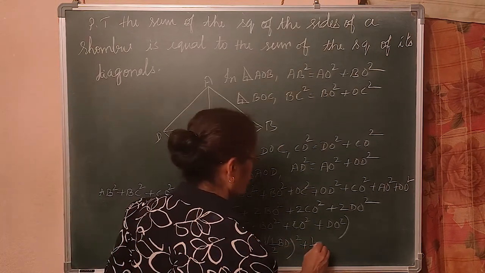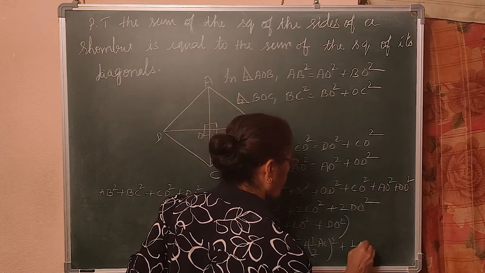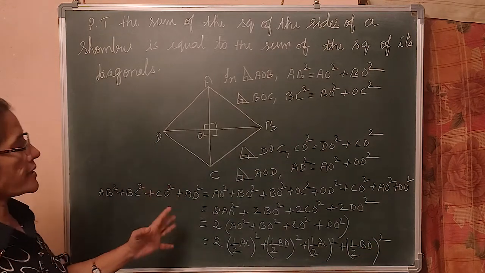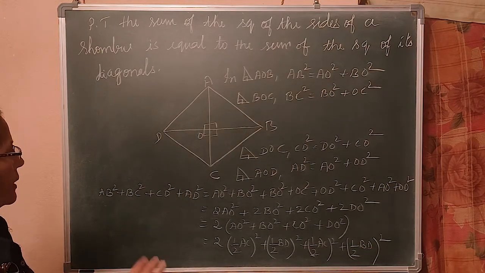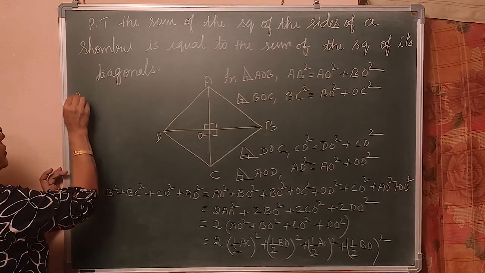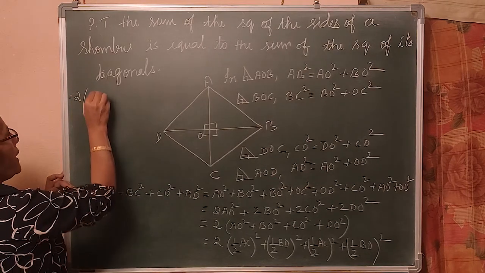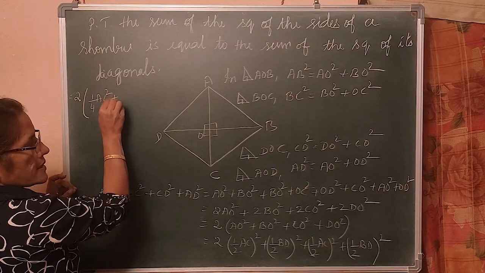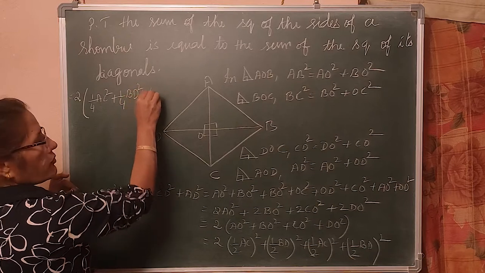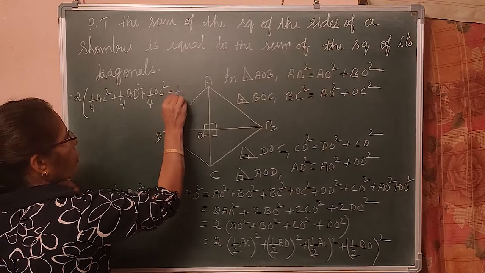Half of AC the whole square, plus what is DO? Half of BD the whole square. So 2 into half of AC the whole square is 1 by 4 AC square plus 1 by 4 BD square plus 1 by 4 AC square plus 1 by 4 BD square.